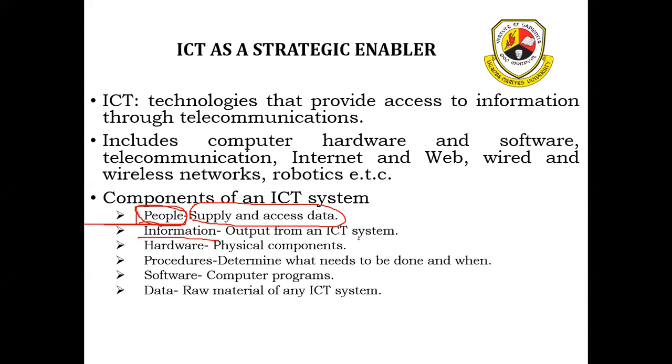Second, we have the information, which is the output. Then you have the physical components. Then you have the procedures: what needs to be done, by whom and when. So you realize when we think about the procedures, we go outside of the ICT department. That is why, when we're thinking about strategic ICT strategy and policy development, we also think about procedures.